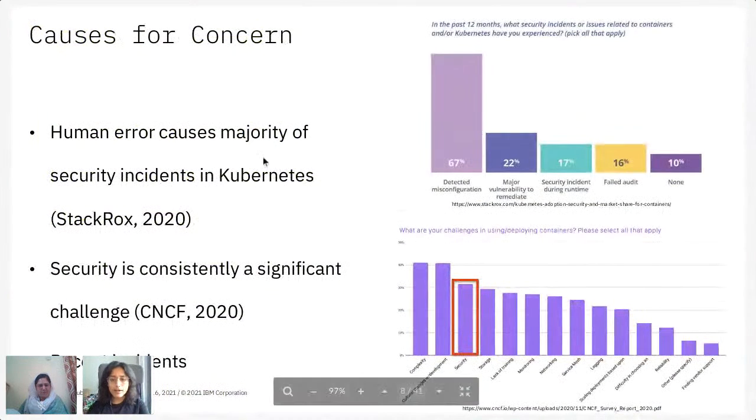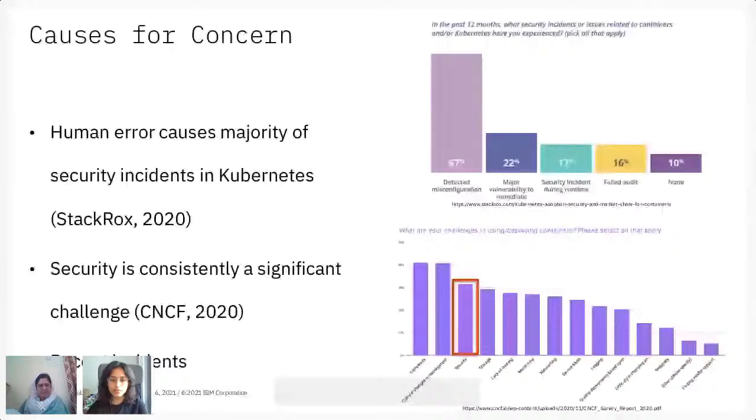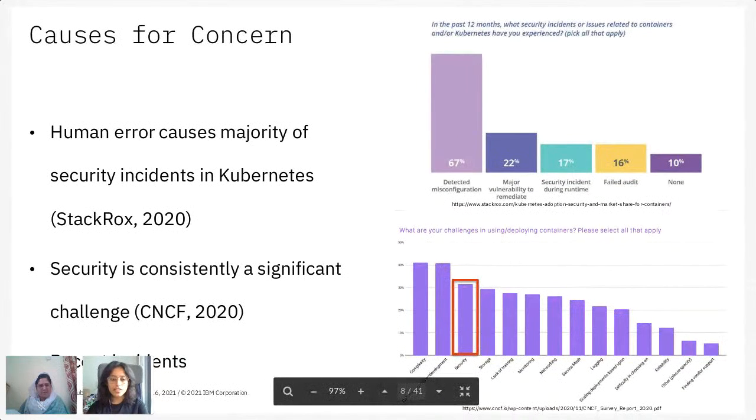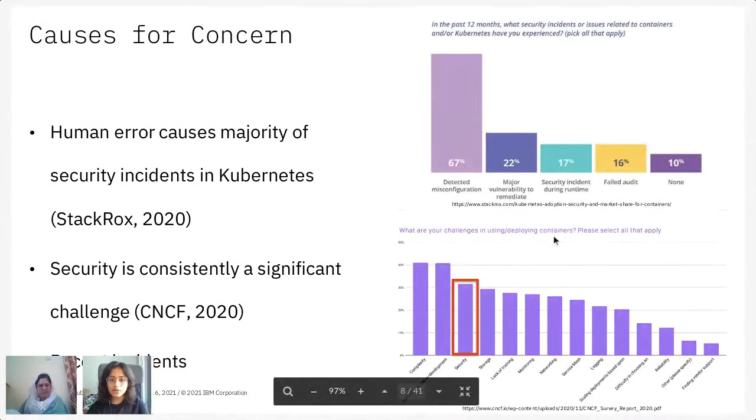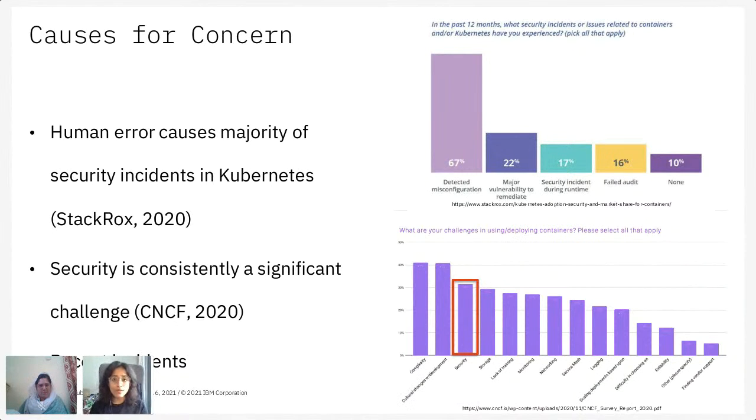And I want to speak to you about causes of concern that developers have. So I'm going to be speaking about two reports in particular. The first one is by StackRox. It's called the State of Containers and Kubernetes Security. And what they found, you can see on the top right over here. After receiving input from 540 respondents, they found that over 94% had experienced security incidents in the last year.